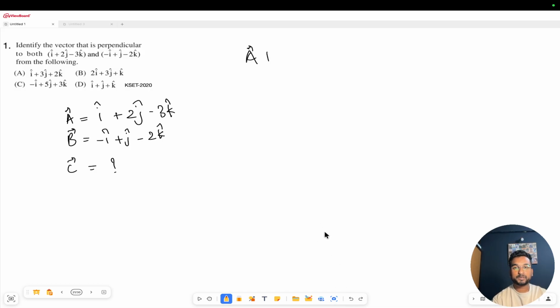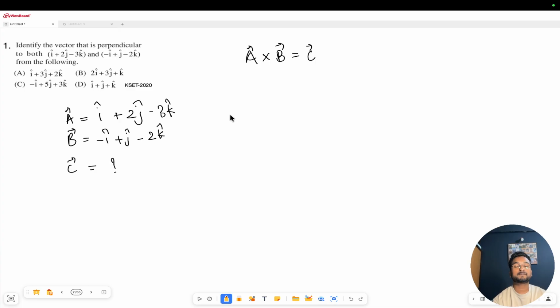How? See, what is A cross B? A cross B is magnitude of A into magnitude of B into sine theta. What will be sine theta if these two are perpendicular? It will be sine 90 degrees. So magnitude of A into magnitude of B. Solving this, you will get a cross product, a vector which will be perpendicular to these two.